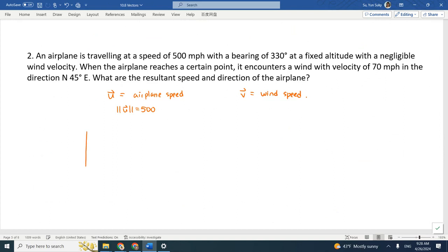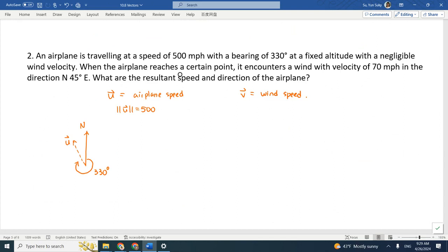So this is the north. 330 degrees in this case means we go clockwise 330 degrees. So we get something like this. So this is the u, and that's the north direction. This is the bearing of 330 degrees at a fixed altitude.